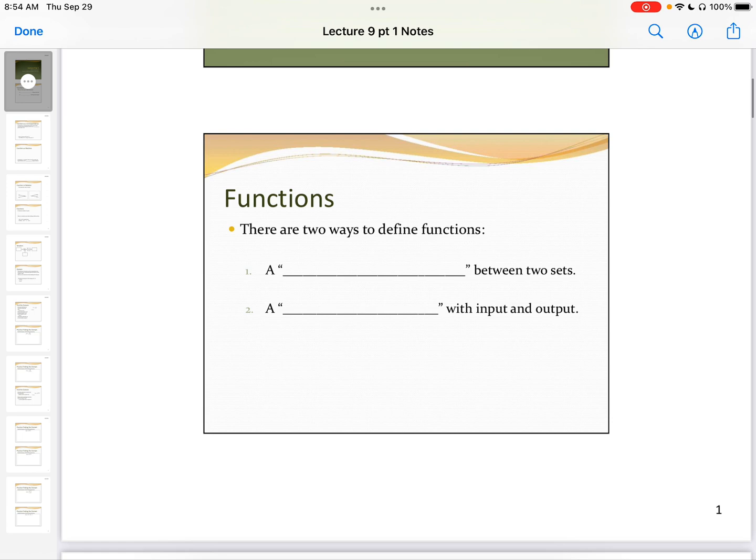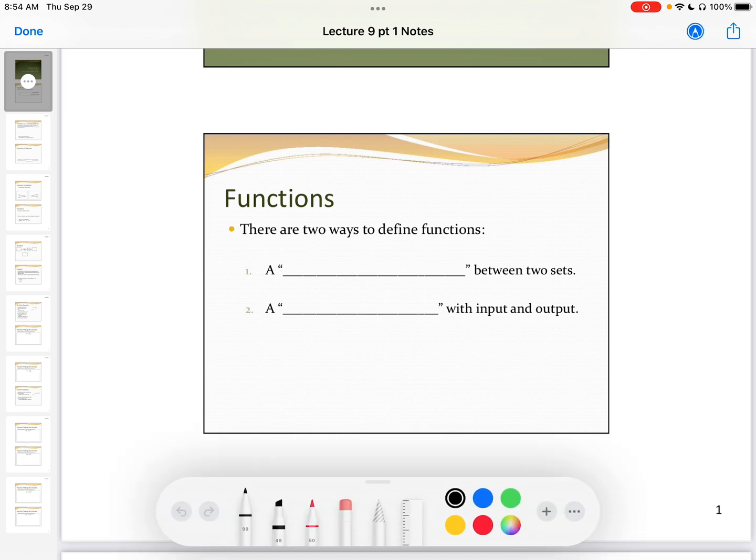So, first off, with this college algebra course, there are two different ways that you can define a function. You need to pick which way you're going to do. You do not need to know both ways, you just have to know one of them. So the first way to define a function is a correspondence between two sets.